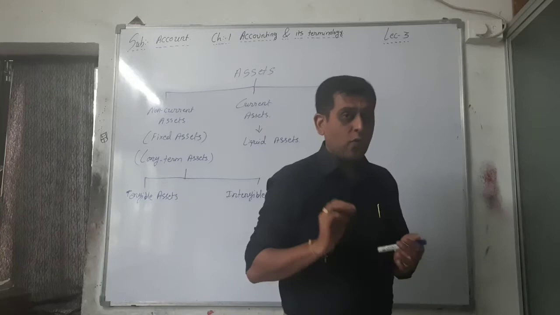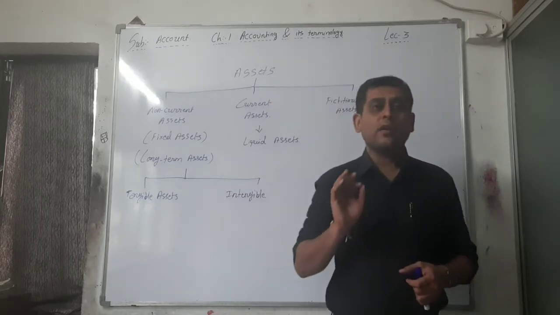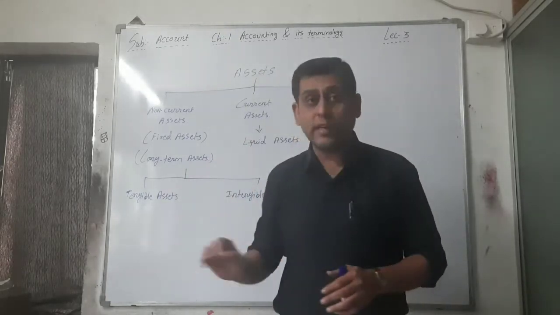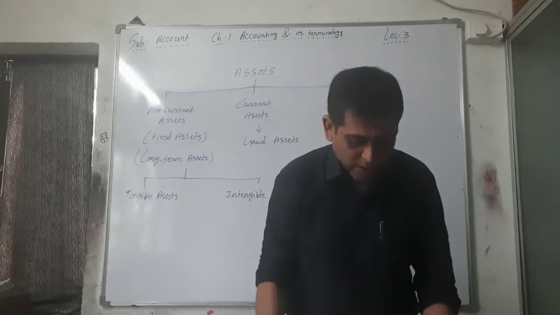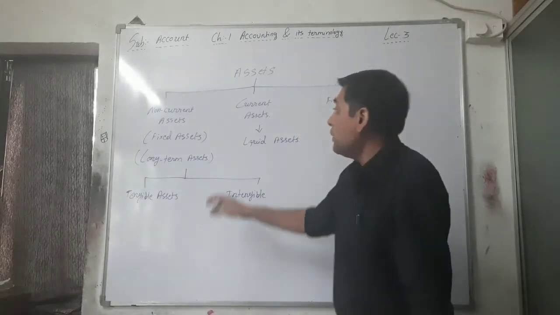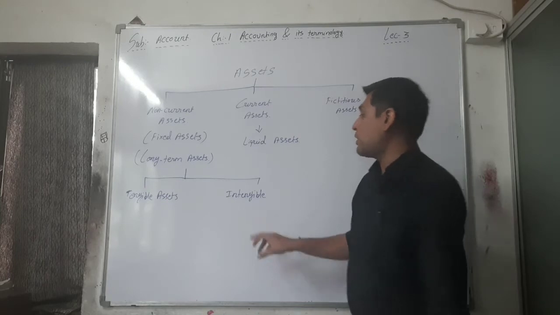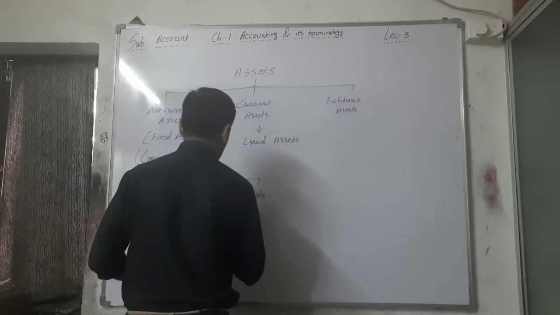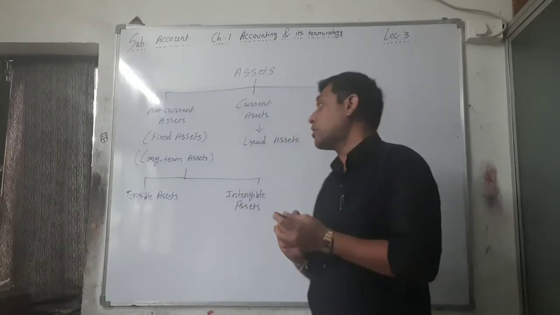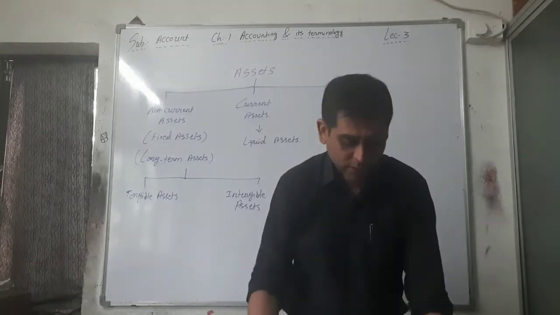What is the definition of current assets? Within a year, if you are converting the assets into cash, that is called current assets. But see the definition of liquid assets. Liquid assets are recognized as a subcategory of current assets. The subcategory of long-term assets is tangible and intangible assets, and the subcategory of current assets is only one, liquid assets.